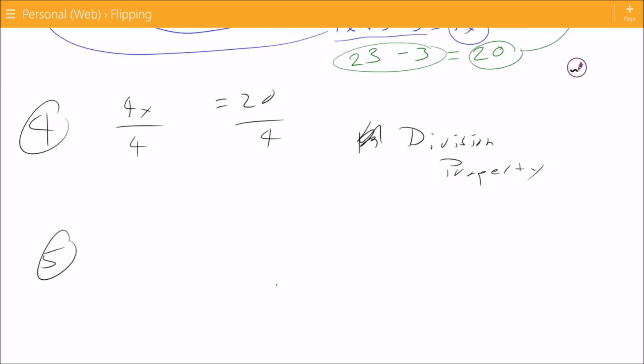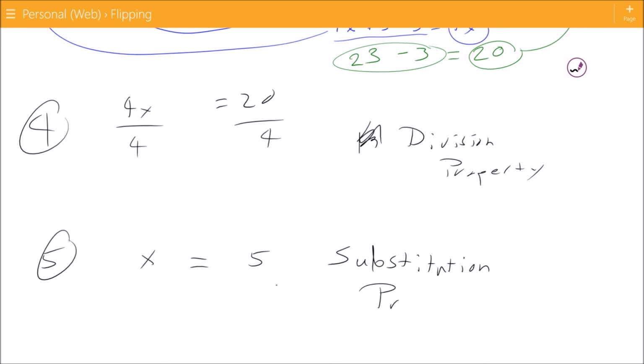My next step would be, well, 4x divided by 4 leaves me just with x. 20 divided by 4 leaves me just with 5. What property allows me to say this? I'm simplifying, so the substitution property would allow me to do this.